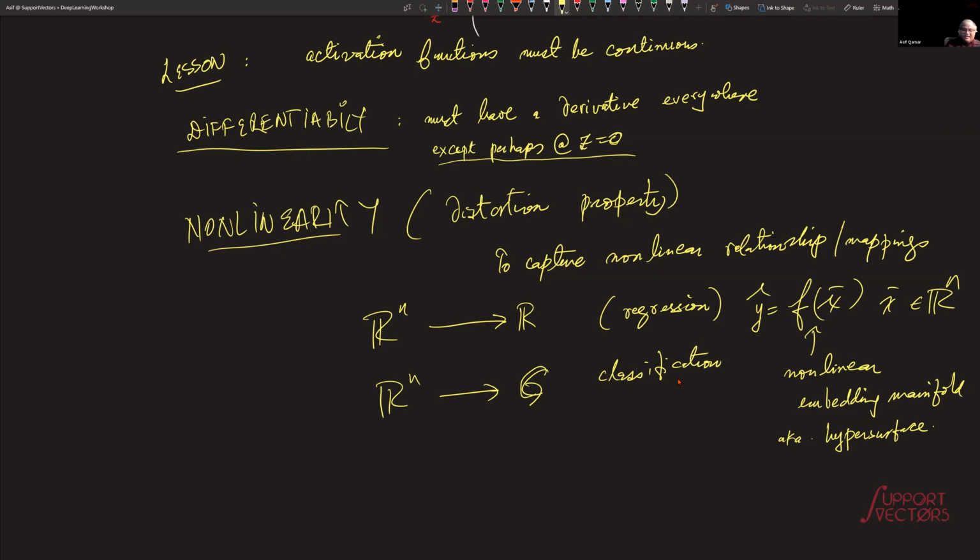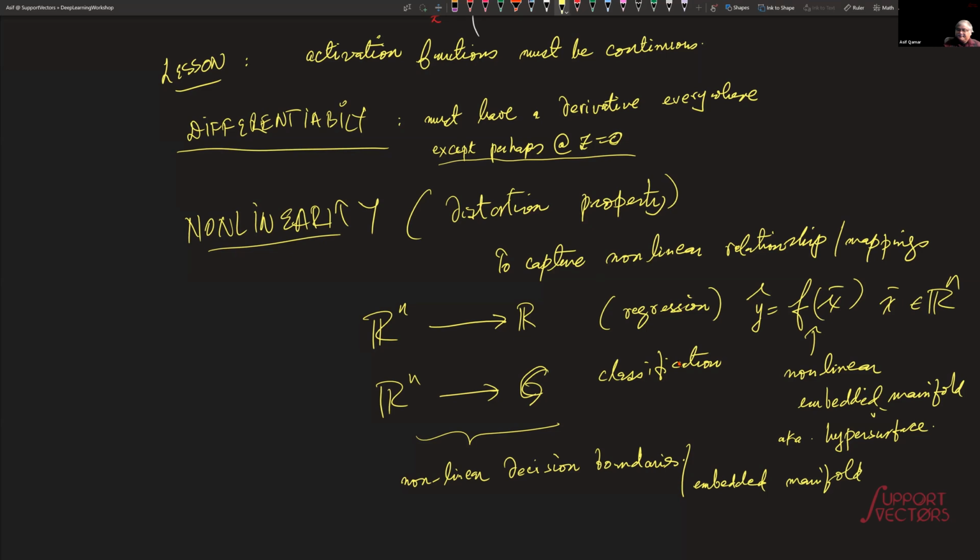The same is true in classification. You can have nonlinear decision boundaries. So nonlinear decision boundaries cannot be created, as we just saw, by linear activation functions. So nonlinear decision boundaries or nonlinear embedded manifolds.